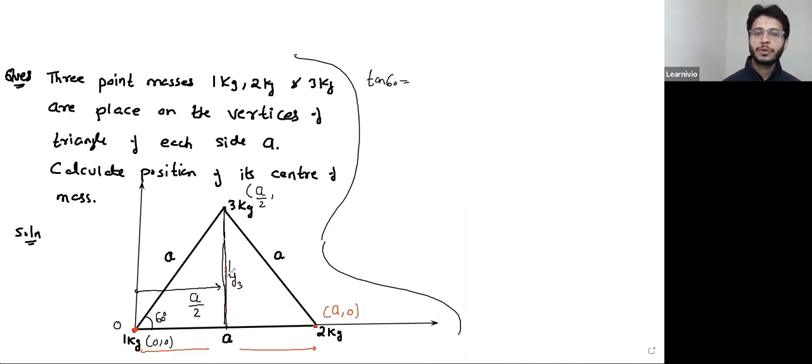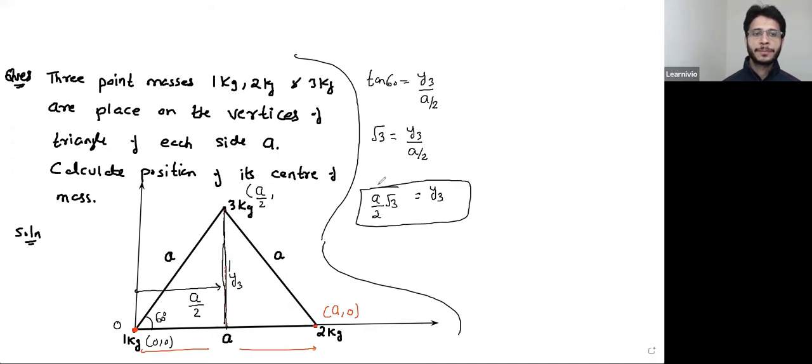Tan 60 is perpendicular upon base, so it is y3 divided by the base, which is a by 2. Tan 60 is root 3. So root 3 is y3 by a by 2, and y3 is a by 2 times root 3. Clear?